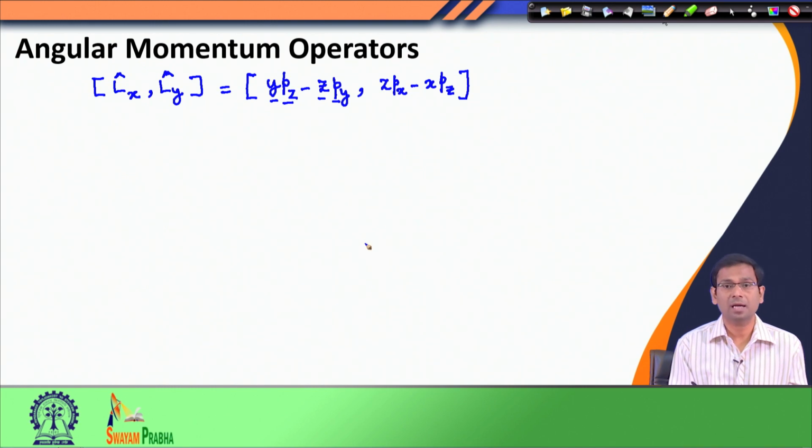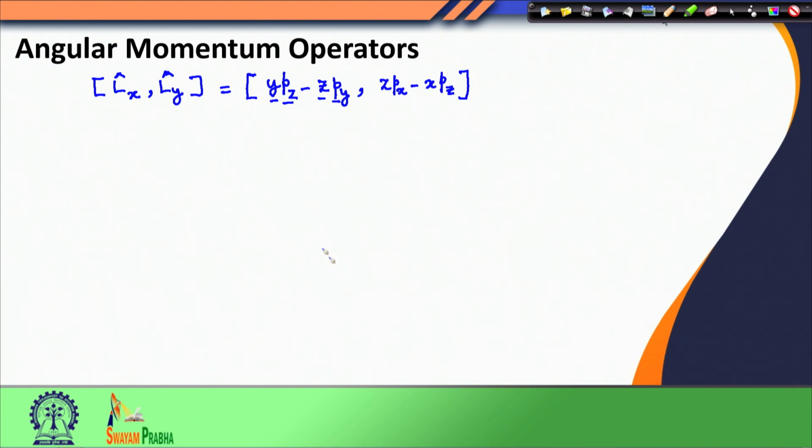Now, to obtain an expression for this commutation, I see that I have to evaluate the commutator between two products here and two products here, z p x, x p z.